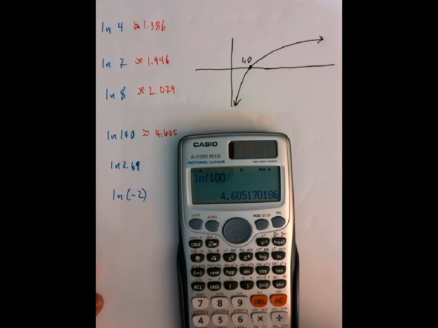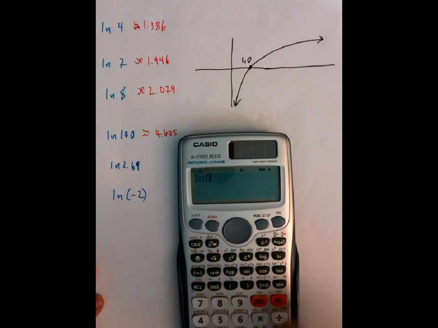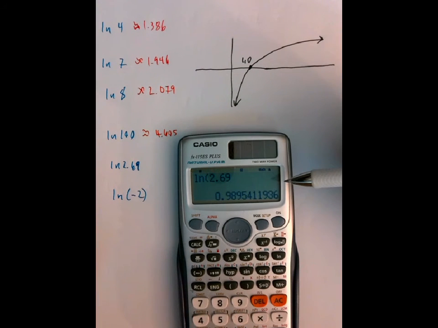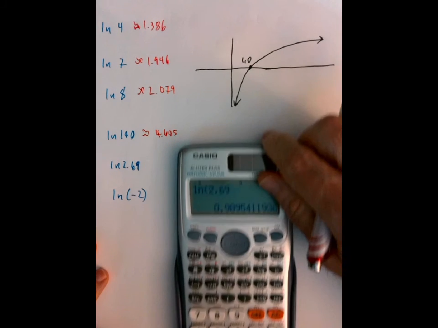Okay, so if we do ln 2.69, that is 0.9. So that's going to round off to pretty close to 1, isn't it? Since we're rounding off to 3 decimal places, that's actually a little less than 1.